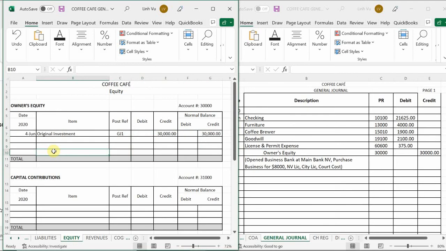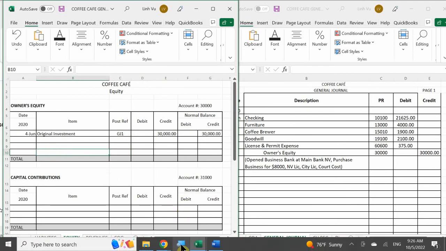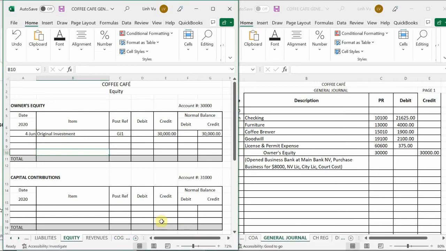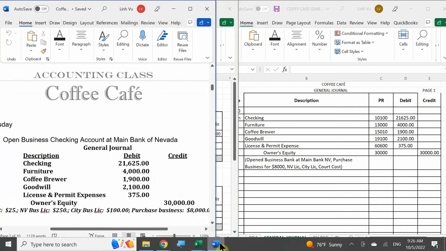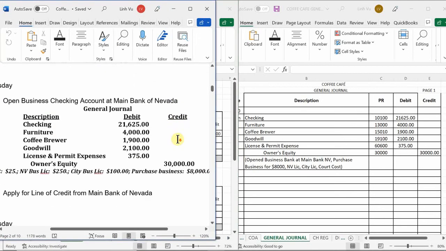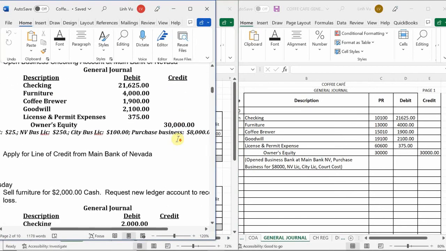We haven't introduced you to the subsidiary ledger yet, but once we come across a transaction that requires a subsidiary ledger, I'll show you how to use it. So now I'm completely done, and I can move on to the next transaction.